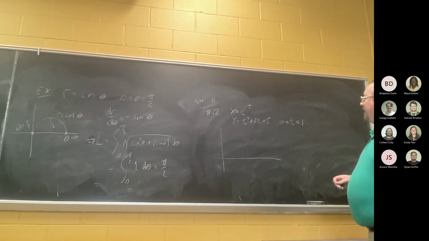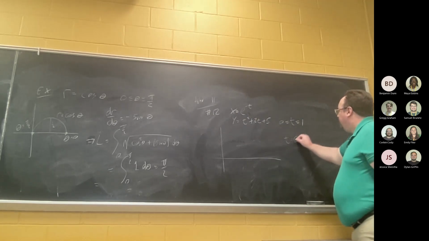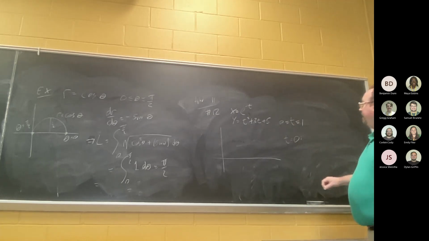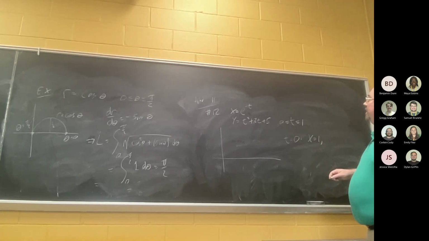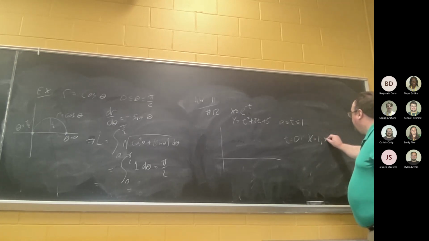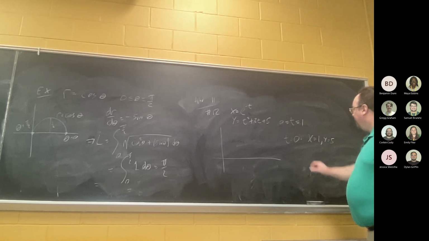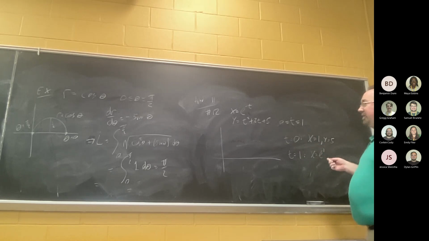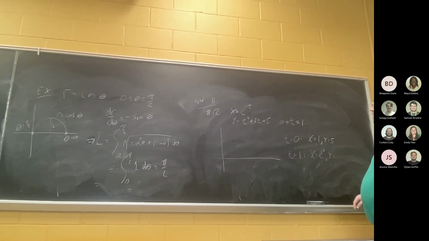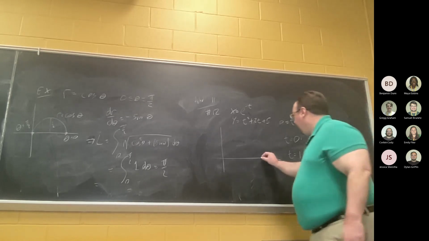If we see where we're at when we plug in t equals 0 and 1: at t equals 0, x is 1 and y is 5. When t is equal to 1, x is e to the minus 1, which is roughly 0.36, and y is equal to 8.